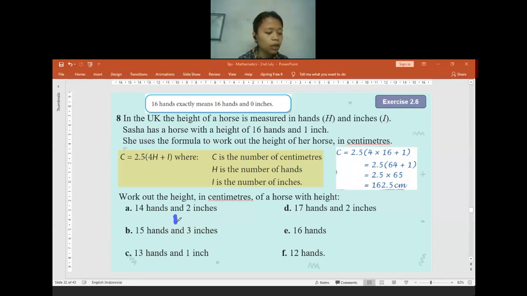The answer is 145 centimeters. Is there anyone who is confused? James, this is 2.5, so maybe you forgot to put the decimal. It's supposed to be 145.0 because this is 2.5, so the final answer will have one decimal place. From 145.0, we can write it as 145 centimeters.